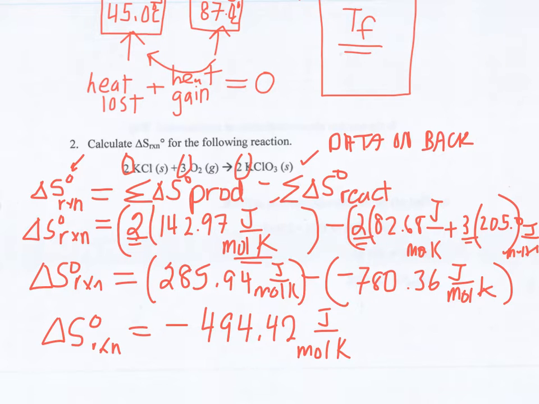And if you go back and look at our data, let's see, 5 sig figs, 4 sig figs, 4 sig figs. So probably we could stick with 4 sig figs. So we would go to minus 494.4 joules per mole Kelvin.